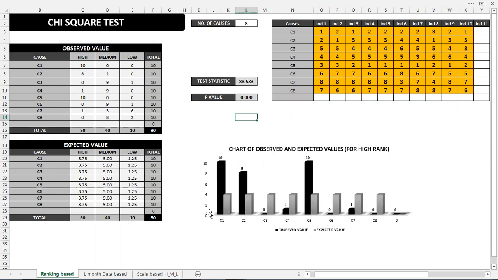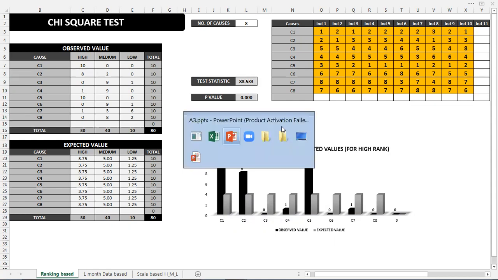So here I could see that for C1, C2, and C5, that black colored bar, that is observed value, is higher than your expected value. In other words, C1, C2, and C5 are statistically significant X's, or they do have statistically significant impact upon Y. So that's about the ranking-based statistical assessment analysis which we carried out.